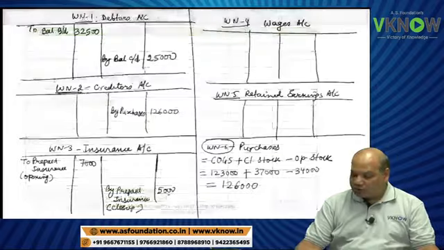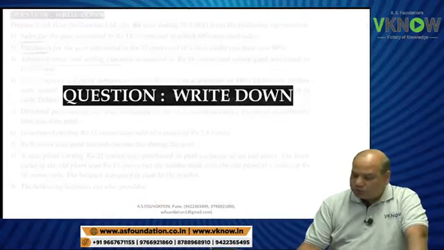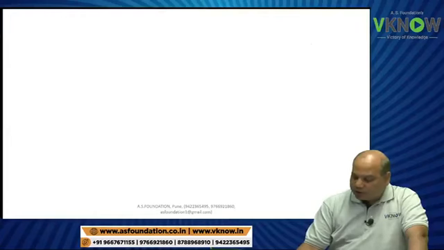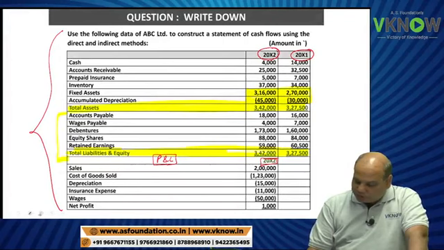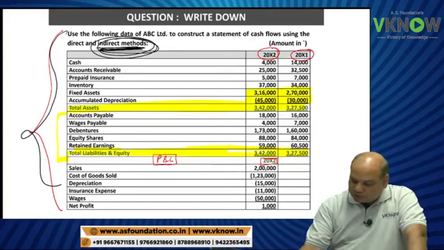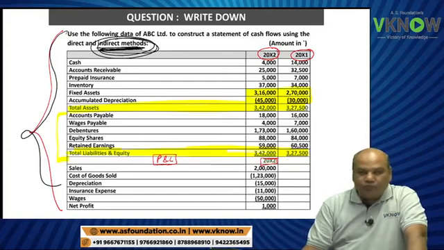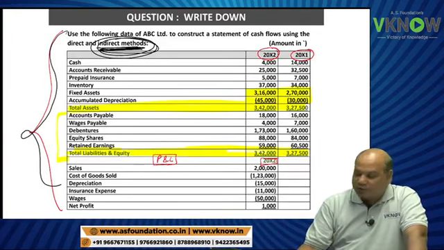Now the last part of this answer is we are going to prepare the indirect method answer also. This same question we are going to solve under indirect method also. Direct we have done. Very easy question under indirect method.